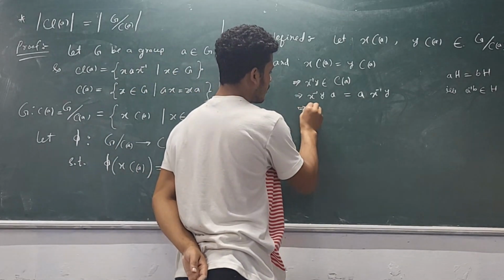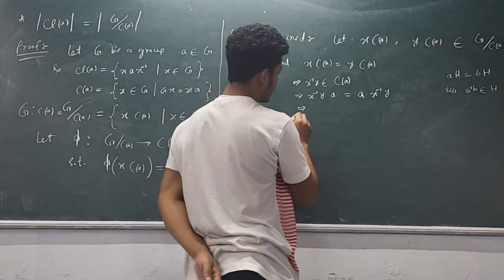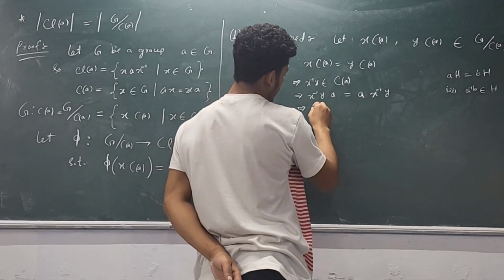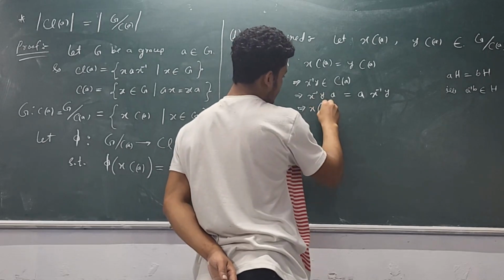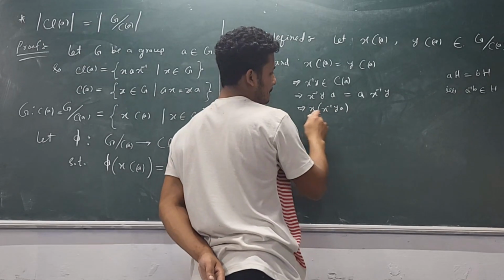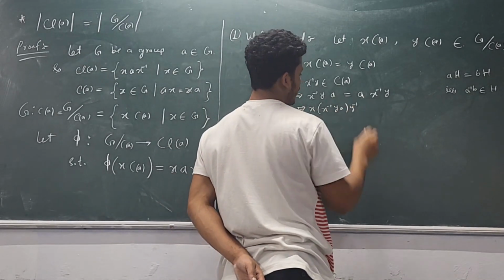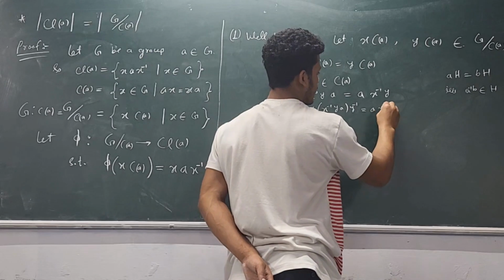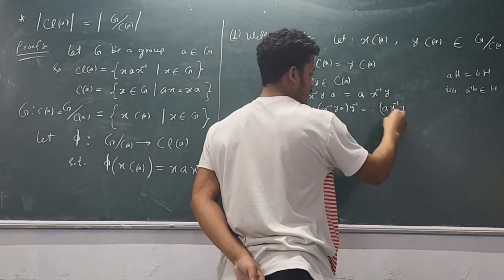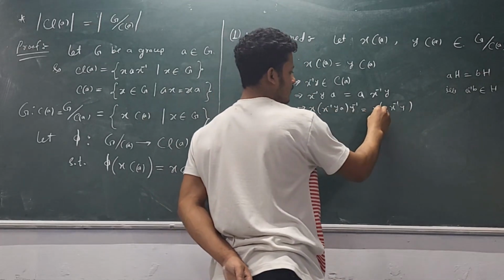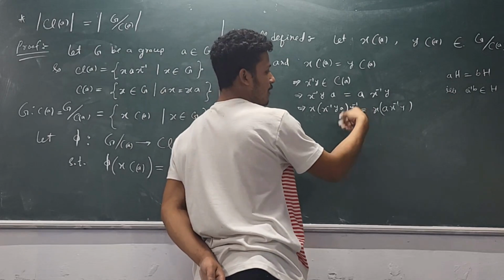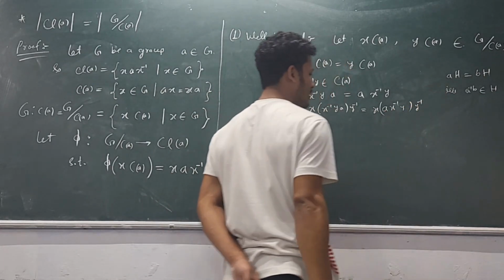Now what happens from this? Here it is x inverse y a. So left multiplication by x and right multiplication by y inverse, you will get a x inverse y. Here you are multiplying by x, also here by x. Here you have right multiplication by y inverse.